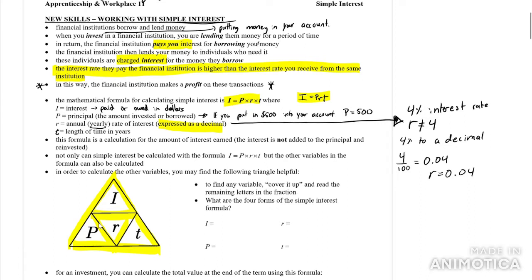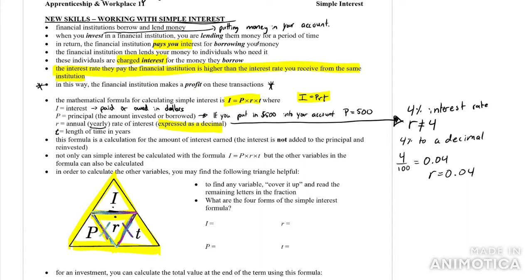So these, I'll use a different color. These vertical lines, or somewhat vertical lines, mean multiply. You're multiplying this. If you have this line here, it's the same thing as dividing. So you're always going to read it as a fraction.